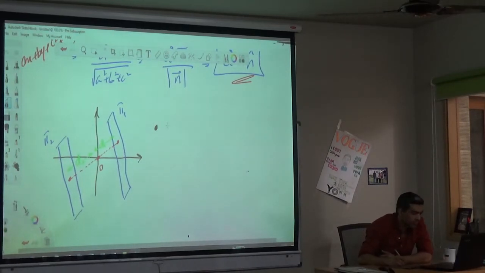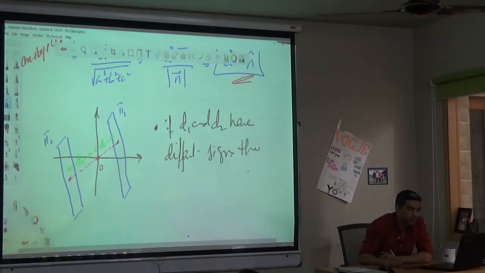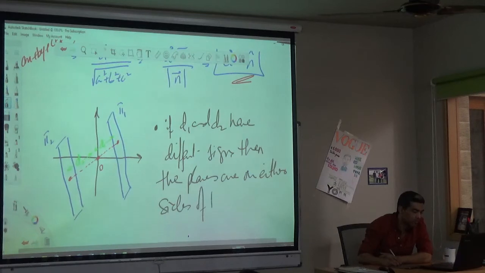So if d1 and d2 have different signs, then the planes are on either sides of the origin.